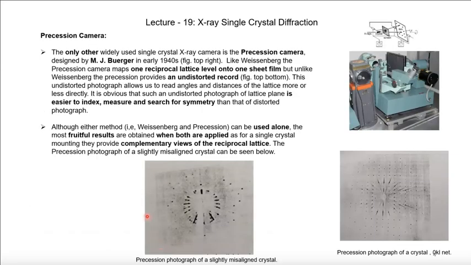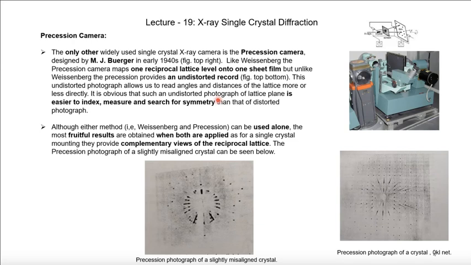In 1924, we were talking about single crystal data collection by the Weissenberg photograph. Then in 1940, we have another camera, which is the precision camera, and that's what is shown here, a commercial equipment with a precision camera.